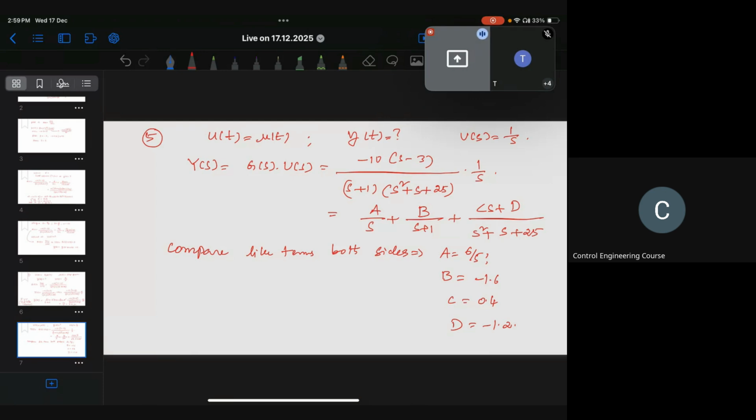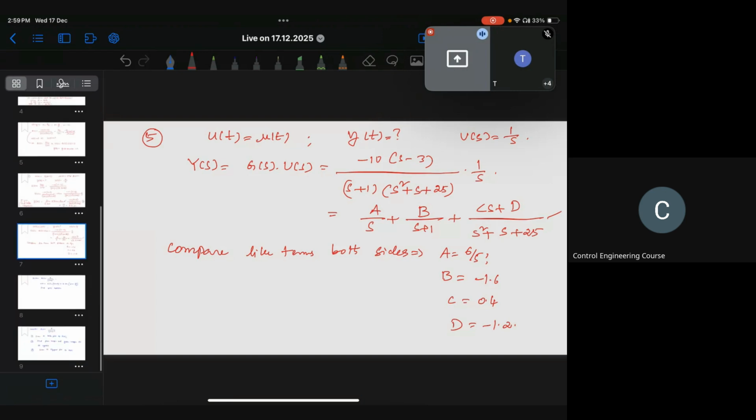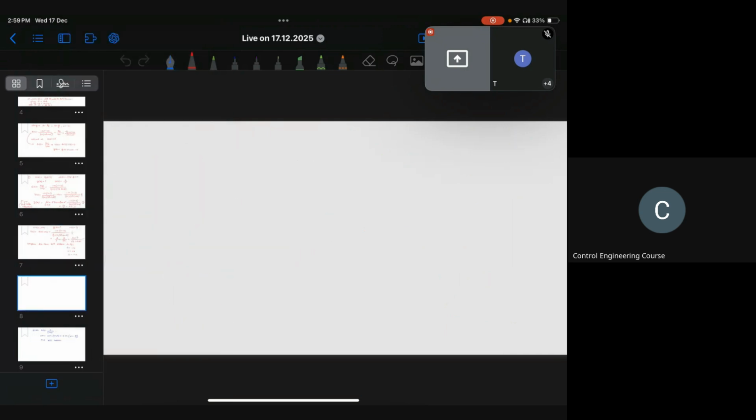Now if you substitute them in this equation, you will get Y(s) as 1.2 by s plus (-1.6) by (s + 1) plus (0.4s - 1.2) by (s² + s + 25). That is what we are going to get.